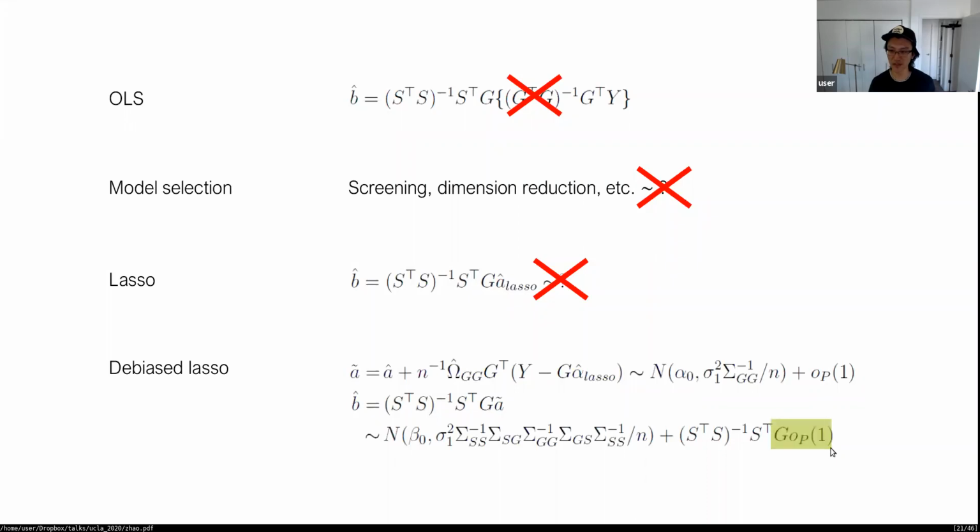This piece especially is the sum of p little OP1s. Even if each of those components goes to 0 in probability, because p is high dimensional, I'm summing over an infinitely increasing number of OP1s, and that may not go to 0. So I may not actually have an asymptotically normal distribution for my B hat, even if I use the debiased lasso.